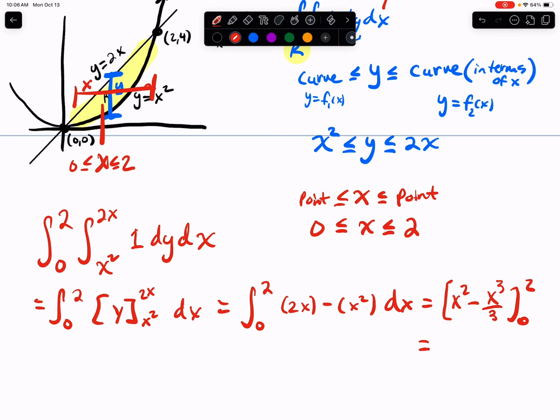Okay, 4 minus 8 over 3, and then minus 0. So that's going to be 4/3.